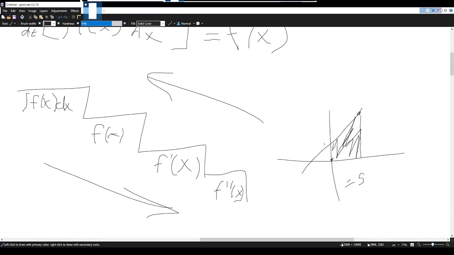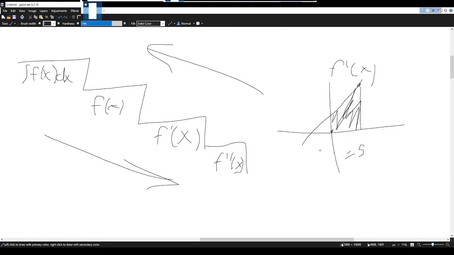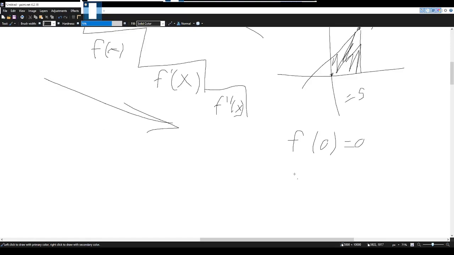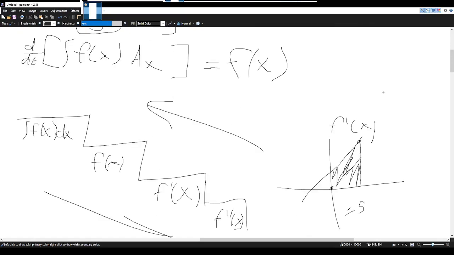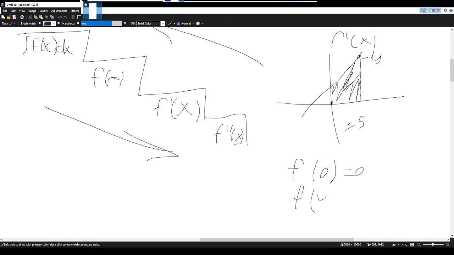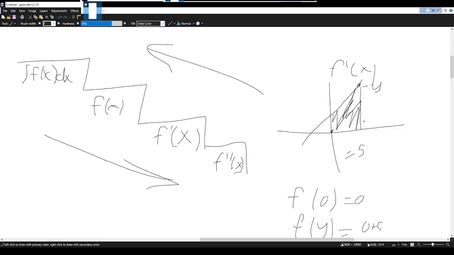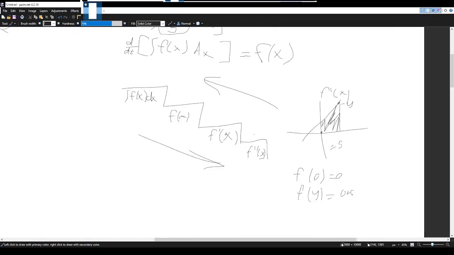If we are told that this is the graph of the first derivative, f prime, then the value of f of x has a difference of 5 from 0 to whatever this is. Meaning that, let's say f of 0 equals 0, then f of y is 0 plus 5. There's a change of 5. This tells you how much it changes by. Hopefully that was clear.